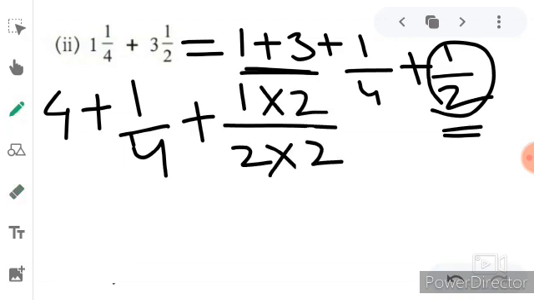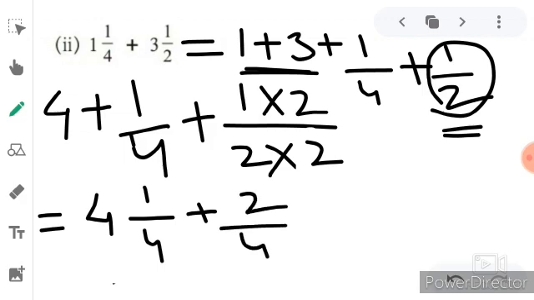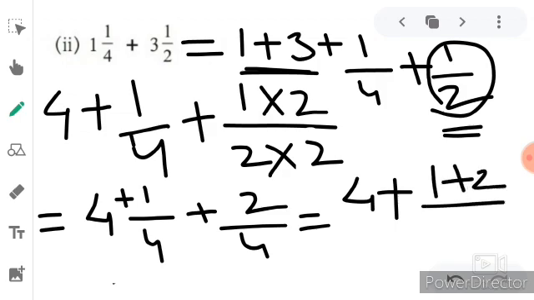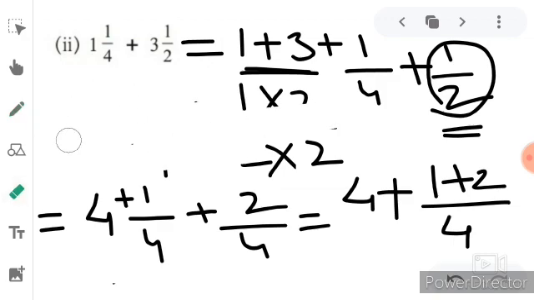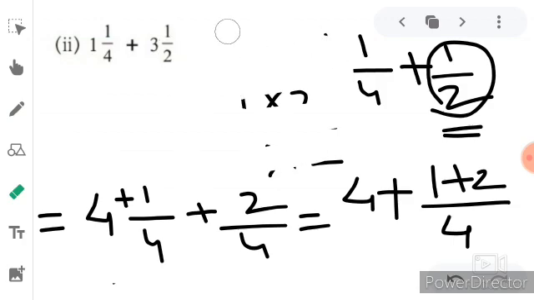So we get 4 as it is, plus 1 upon 4 plus 2 upon 4. You will have to give the sign of addition, plus 1 plus 2 upon 4, because they are like fractions. Now we are going to add the numbers. Now let me erase this.